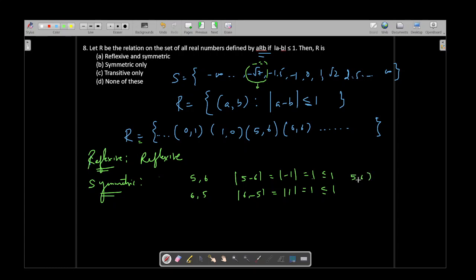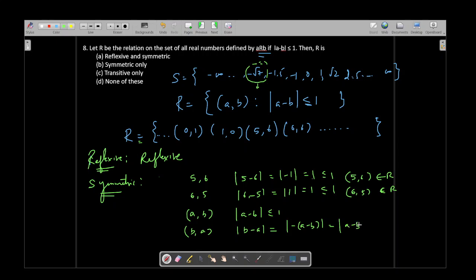So if 5 comma 6 is a member of R, then 6 comma 5 has to be a member of R. Like if I have A comma B, then if modulus of A minus B is less than or equal to 1, then if I interchange, B comma A, this becomes B minus A. I'll write it as minus of A minus B. So modulus of minus is A minus B itself. So here in the previous case, modulus of A minus B is less than or equal to 1. So just by interchanging, the modulus will not give you any different result.